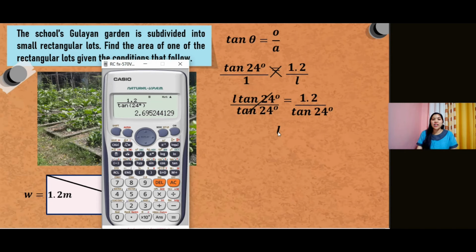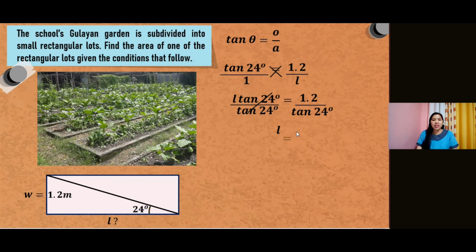That is equal to 2.69 and something. So L equals 2.69 and something. Let's round it off to a whole number. Since you have a 6, L is approximately equal to 3, and the unit of measurement is in meters.